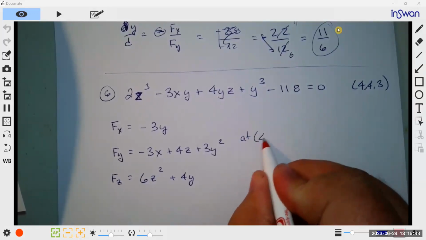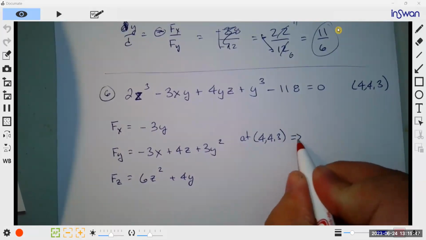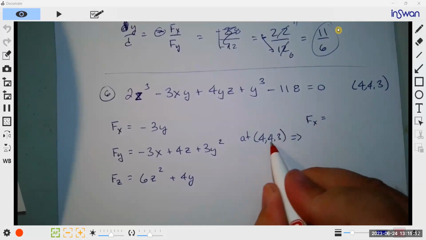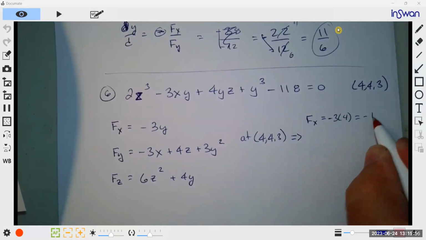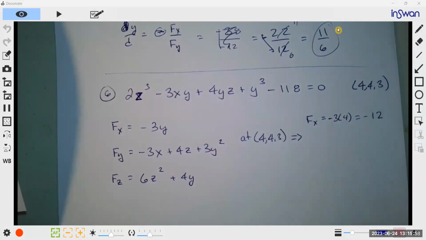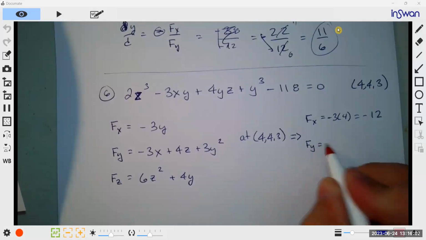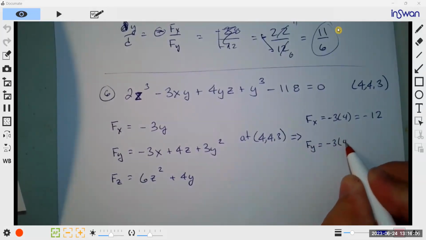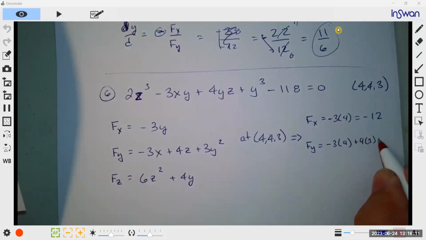At (4, 4, 3), F_x equals negative 3 times 4, which is negative 12. F_y is negative 3 times 4 plus 4 times 3 plus 3 times 4 squared.